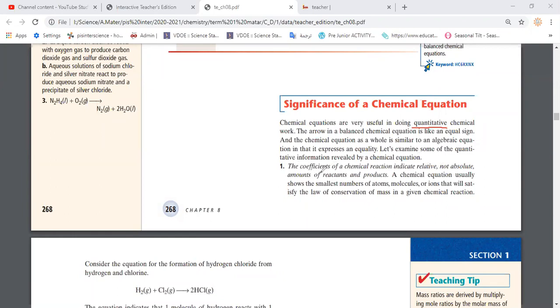That means the coefficients, the number that we write beside the chemical formula, like for example 2H2O, it means we have two molecules of H2O, okay?